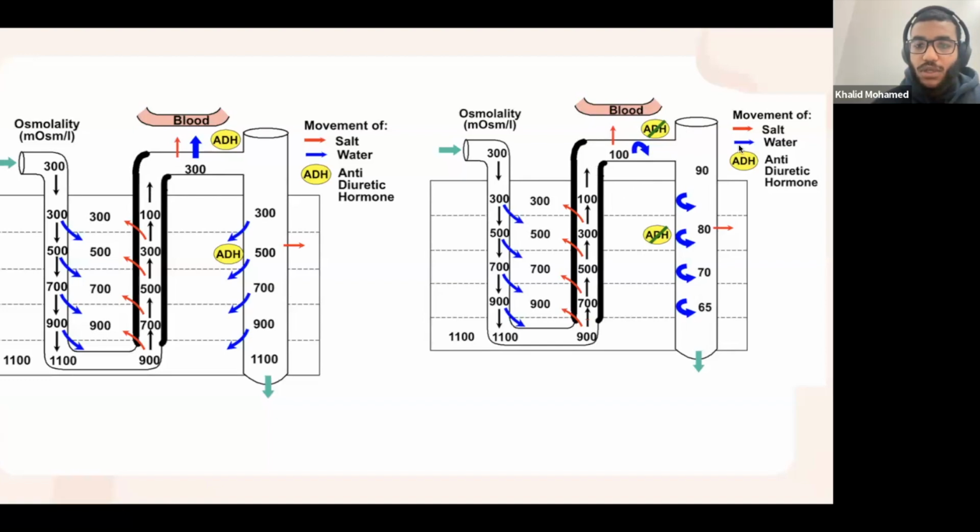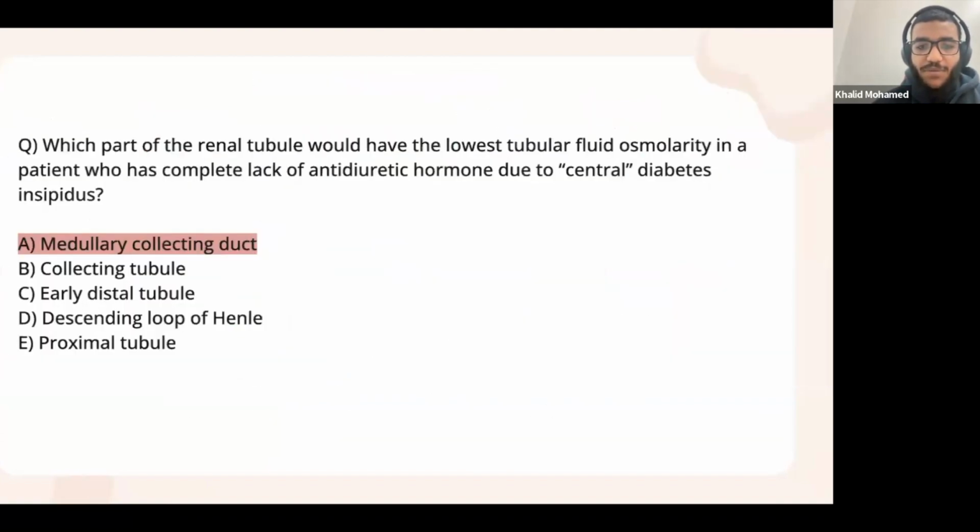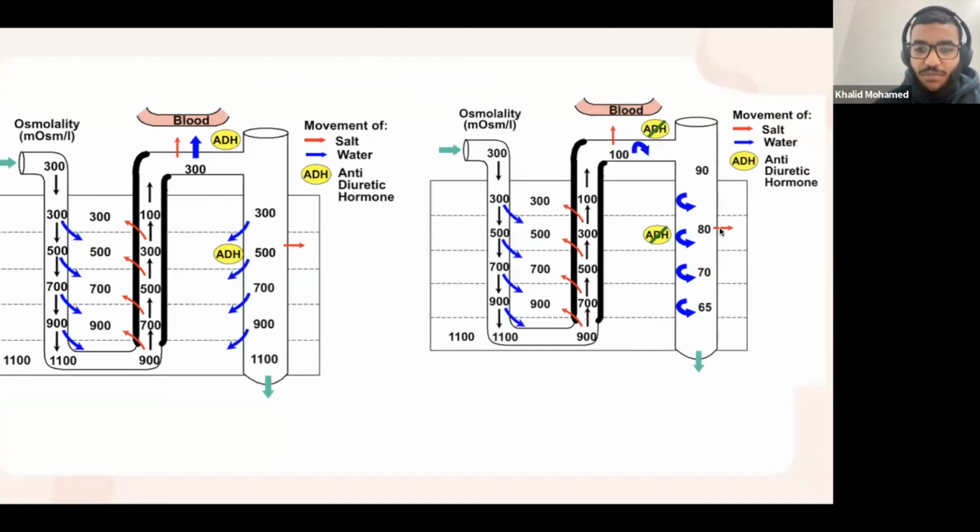Okay, so here it keeps on decreasing until it becomes 65, which is very low osmolarity, which tells you that there's very high water inside the medullary collecting duct. Now the question was asking, in the absence of ADH, where will the osmolarity be the lowest? And you can see that it's the lowest in the medullary collecting duct. Now, here it's 100, okay, and there's no reabsorption of water. Here as well, it's 100, but there's no reabsorption of water. That's why.